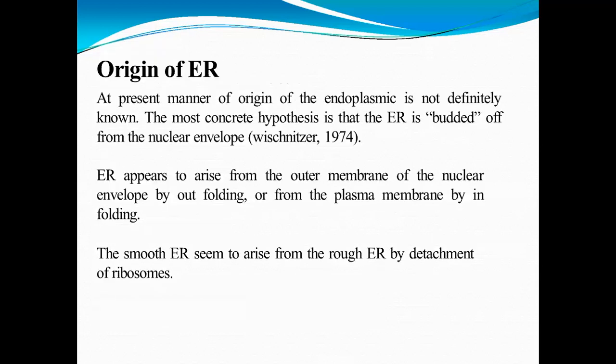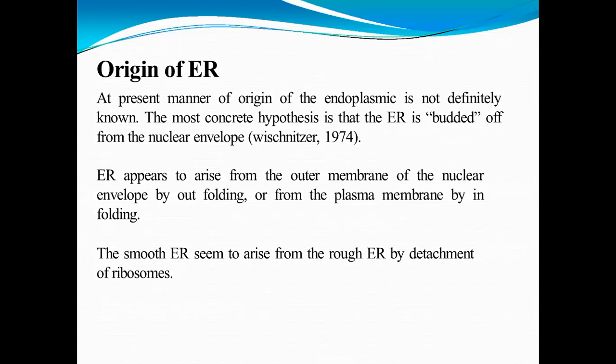What is the basic origin of endoplasmic reticulum? There are different theories and hypotheses available. However, the most widely accepted hypothesis is that endoplasmic reticulum is budded off from the nuclear envelope.